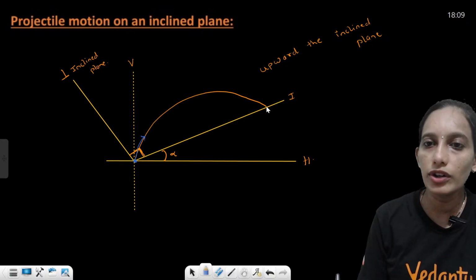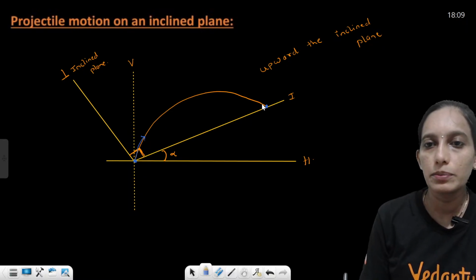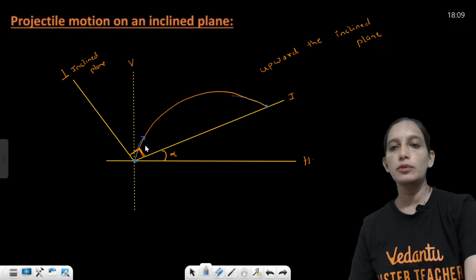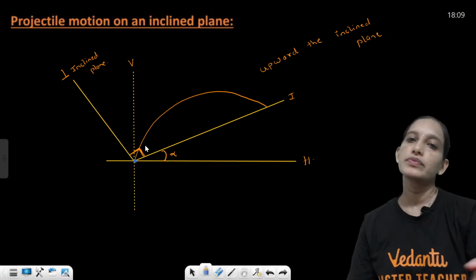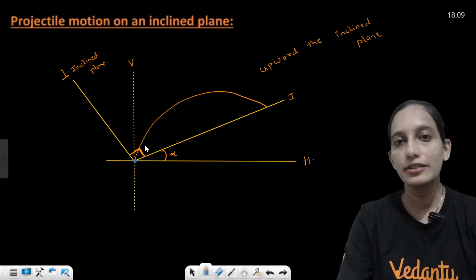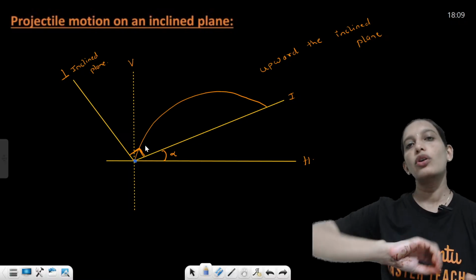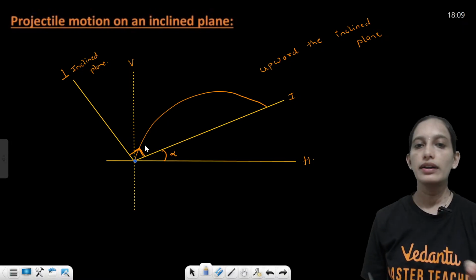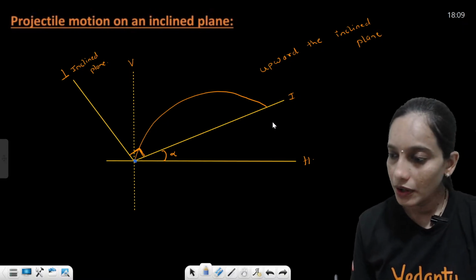Downward means the projectile has been projected down the inclined plane, so we have projected in this direction. Both are possible with respect to inclined plane cases. You can throw upward along an inclined plane, or you can imagine throwing downward along an inclined plane. Hope that is fine.